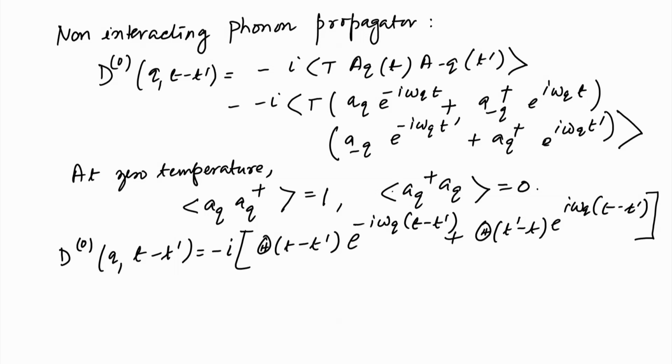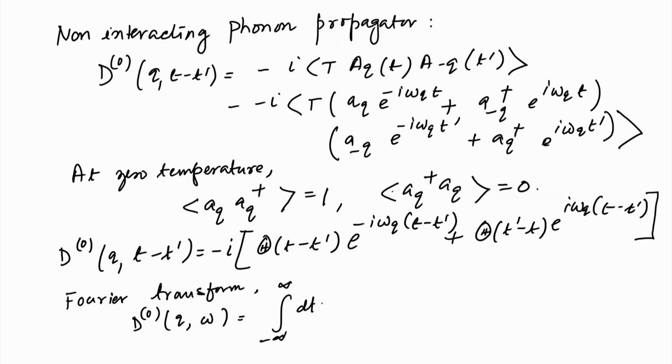And now the Fourier transform is given by D0 q omega, which is equal to the integral from minus infinity to plus infinity dt exponential i omega t D0 q t.